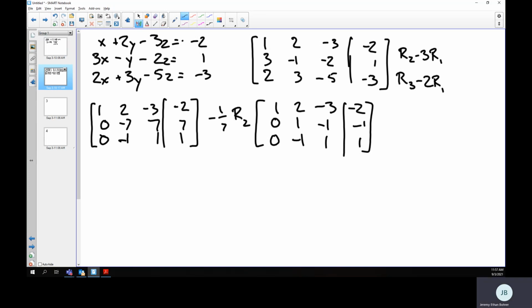Now we can add row 3 to row 2, and we can subtract 2 row 2 from row 1. So row 1 minus 2 row 2, and row 3 plus row 2.